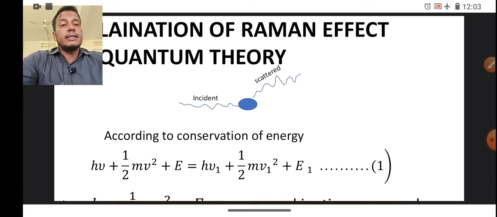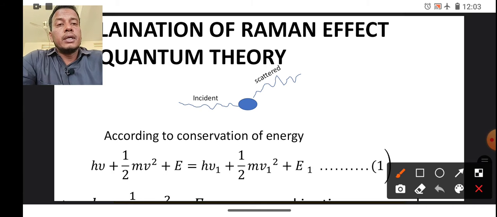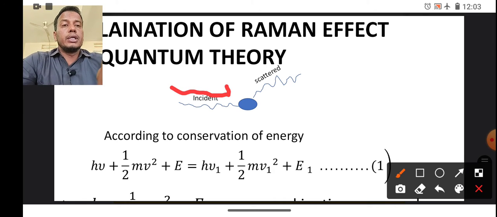As Raman did the experiment and explained it in the previous sessions, let us discuss it now. Let an incident particle hit a molecule, and some energy is scattered.